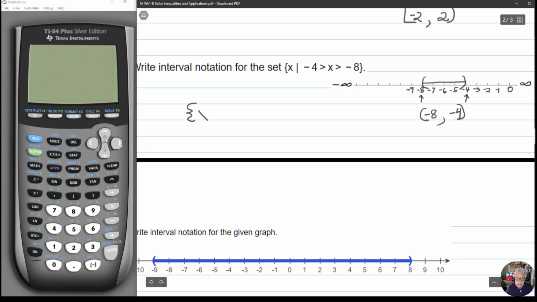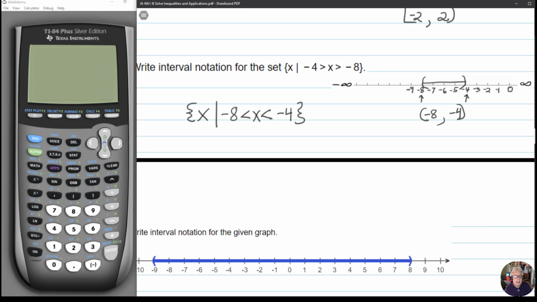Let me show you the correct way to write it. The set of all numbers on the x-axis such that, all right, -8 is on the left, -4 is on the right, x is in the middle, less than, less than. These are called braces. Now, what this says, reading from left to right, which is the way our language goes, -8 is to the left of x and x is to the left of -4.